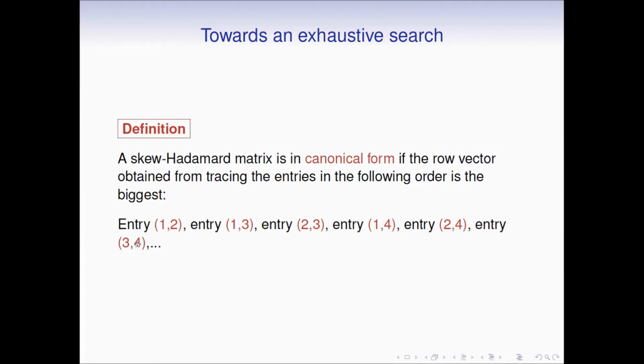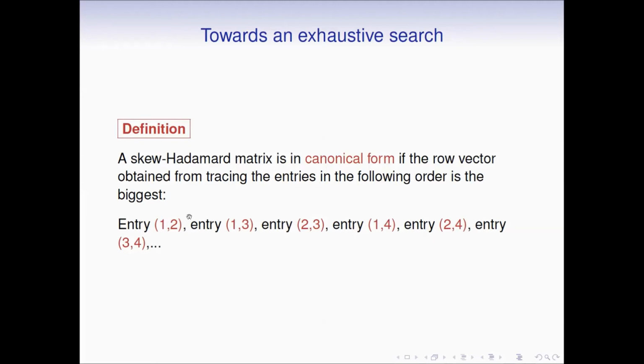The order is like this: take the entry in row 1 and column 2. Then take the entry in row 1 and column 3, row 2 and column 3, then row 1 and column 4, and so on.